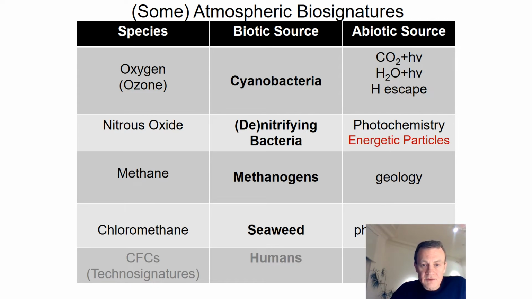Methane on Earth comes mostly, maybe 90%, from methanogens, from bacteria, but maybe 10% can come from geology, volcanic emissions, etc. Chloromethane can come from algae and ocean vegetation and seaweed. But there are also some abiotic sources. And written in grey at the bottom are the so-called technosignatures, from advanced civilizations, like CFCs, and I won't be talking about them so much, I'll be talking about the others.